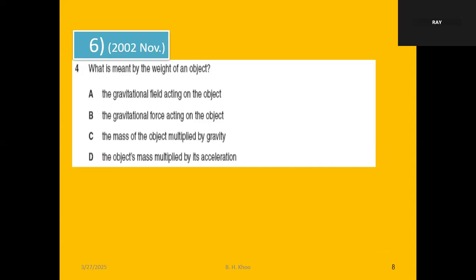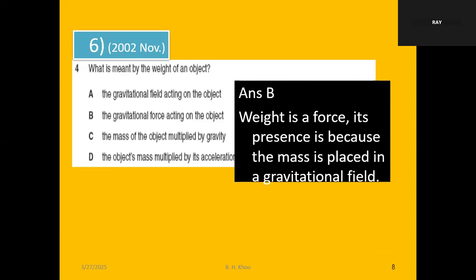What is meant by the weight of an object? Either B or C. Must be sure there's only one answer. B. Weight is a force.